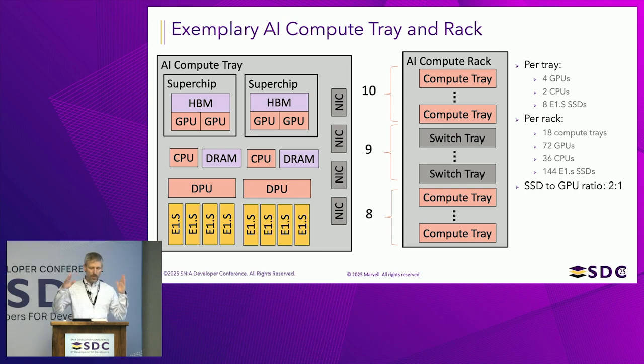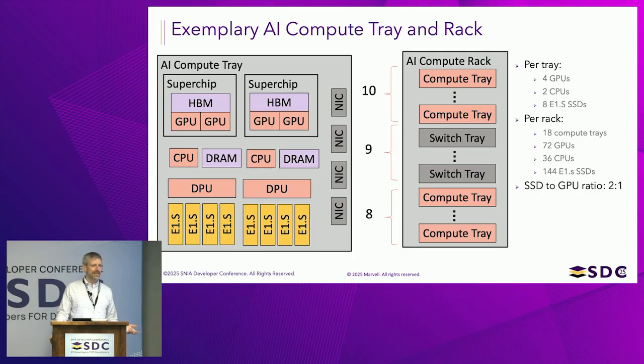But then within a whole rack, in fact, there are 18 compute trays in this implementation. You also have switch trays that help to connect all these compute trays, in particular the GPUs, together so that it all acts as one big single computer. So when you sum it all up, there are 144 E1.S SSDs within one AI compute rack.